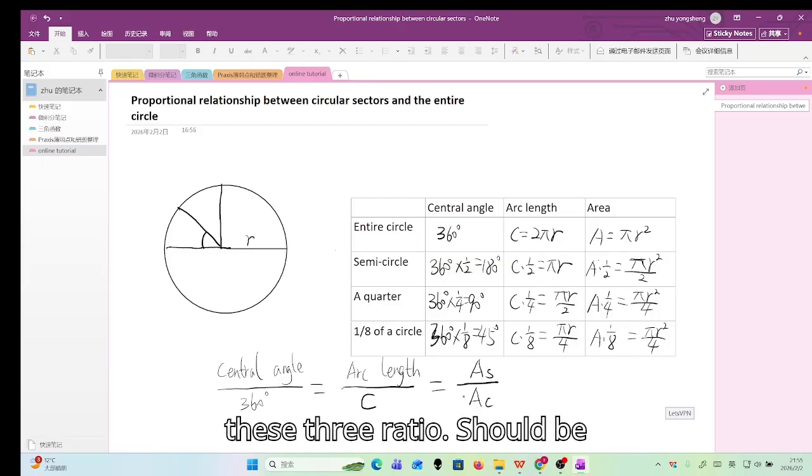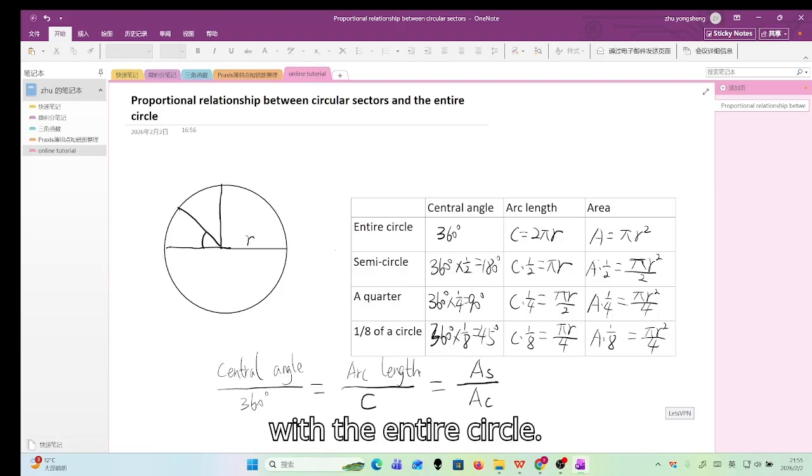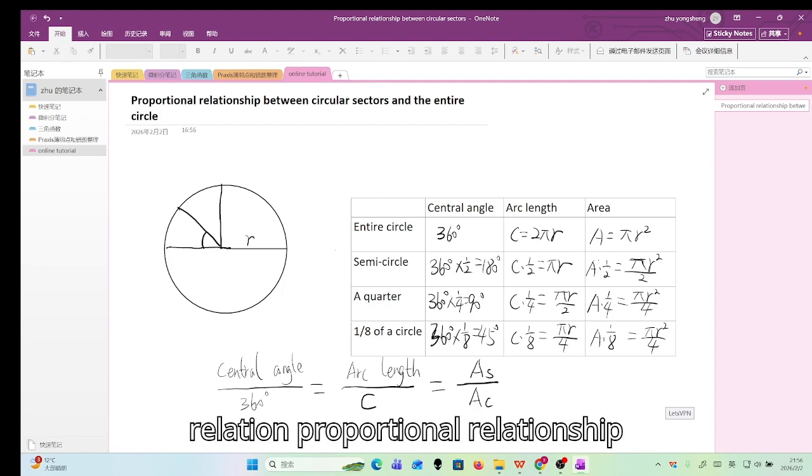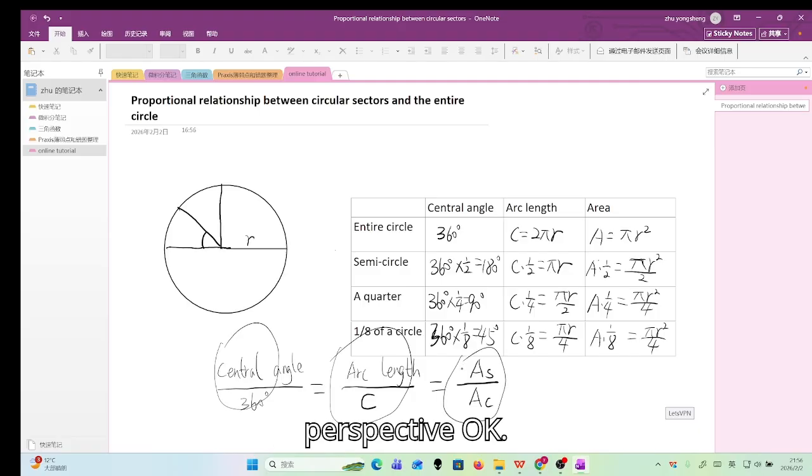These 3 ratios should be equivalent because we know that a sector maintains a constant proportional relationship with the entire circle. These 3 ratios just represent this constant proportional relationship in the angle perspective, in the arc length perspective, and in the area perspective.